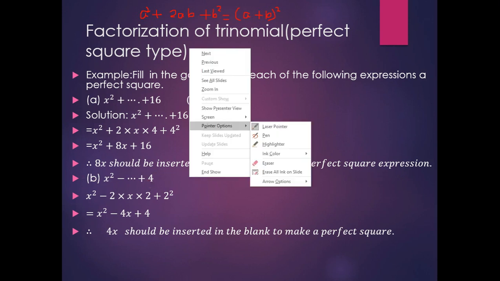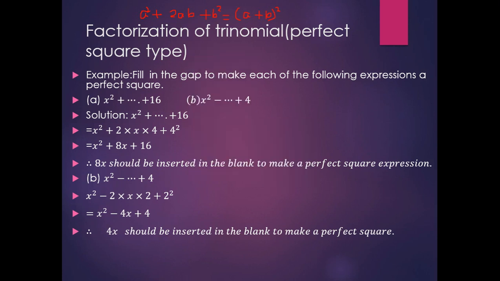Here the formula used is a square minus 2ab plus b square equals a minus b whole square.